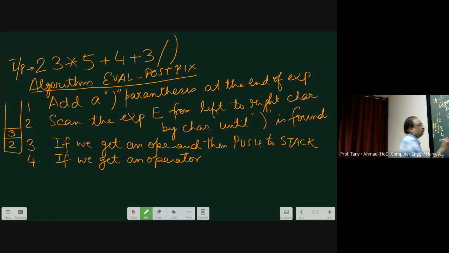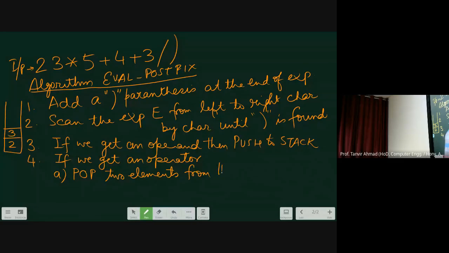A, pop 2 elements from the stack. The first element which is popped, let us put into B, and the second thing which is popped, let us call it A.